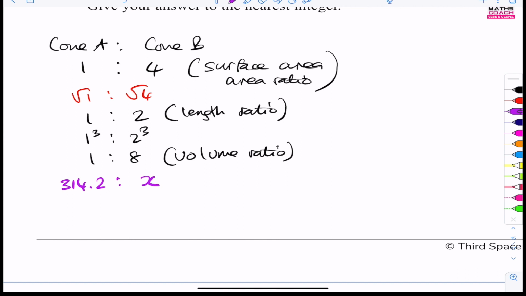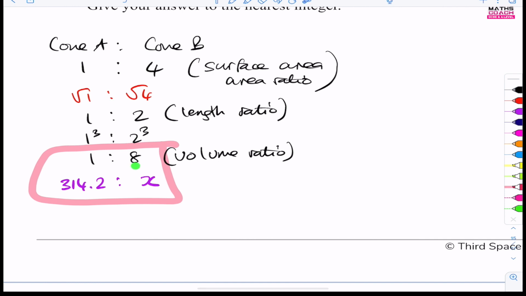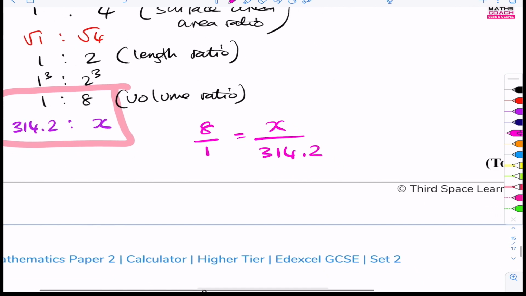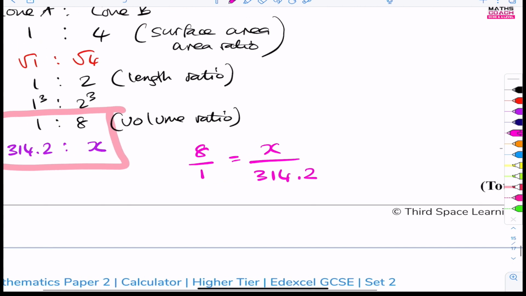Now we set up a ratio using this. So we say 8 over 1 is equal to x over 314.2. Then we just rearrange this and make x the subject. So we can take this over onto this side, and that's it. So it would be 8 times 314.2.